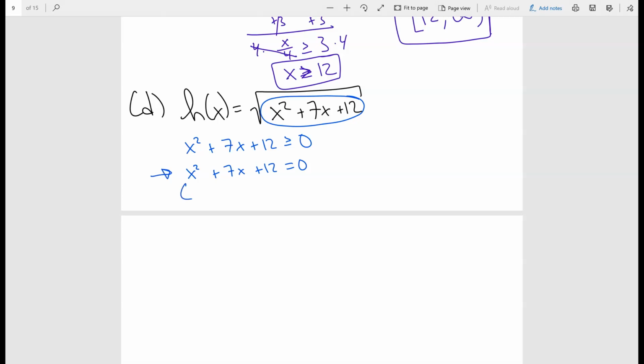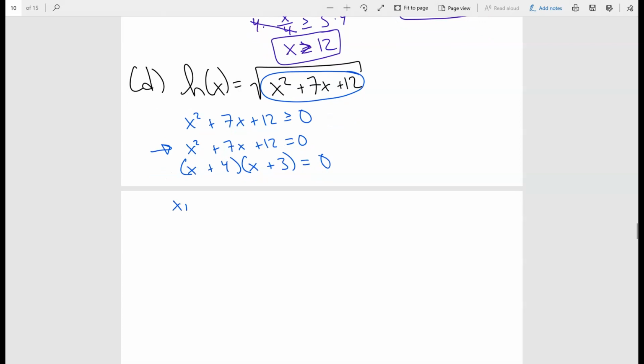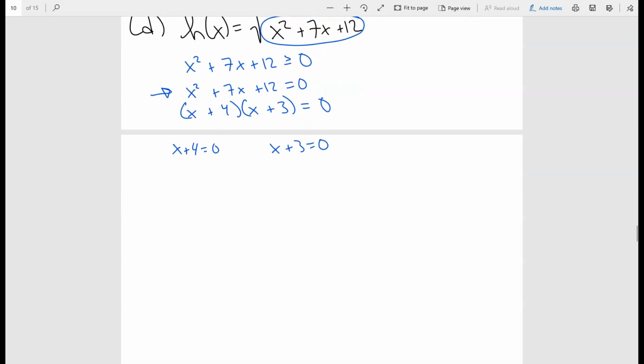So let's start off by factoring this. This is x and x, a 4 and a 3, and we're going to add. So this gives me x plus 4 equals 0, and x plus 3 is equal to 0. Then we solve for the value of x. So x equals negative 4, and x equals negative 3.